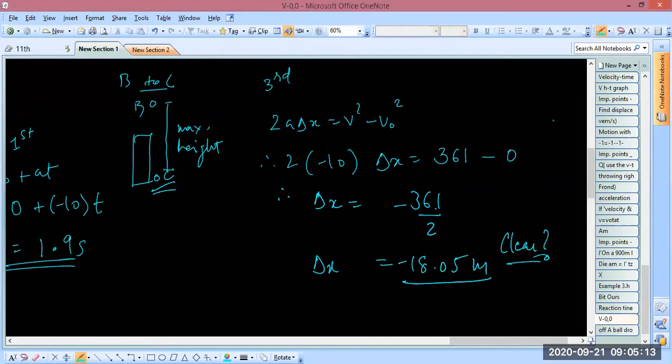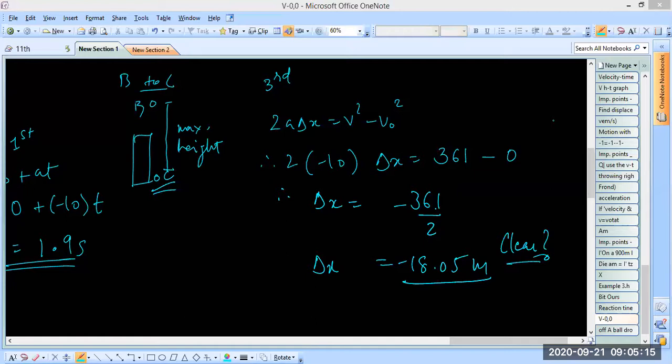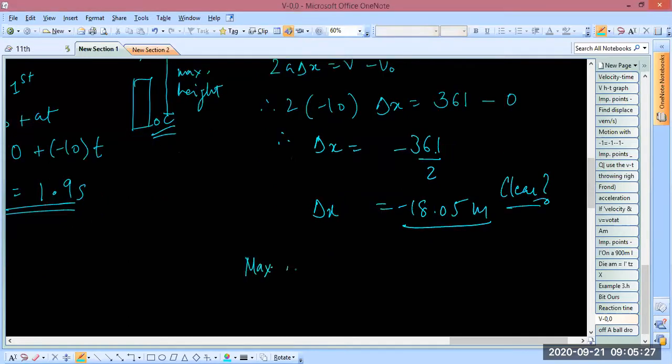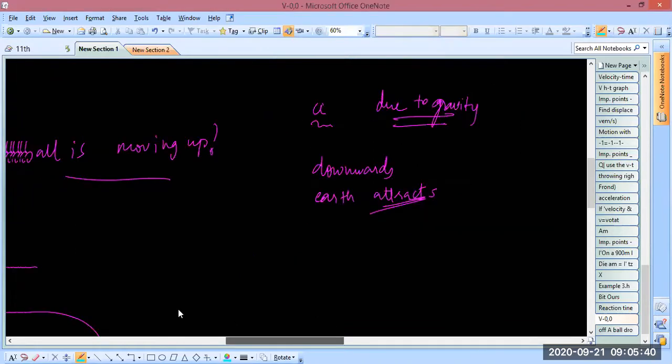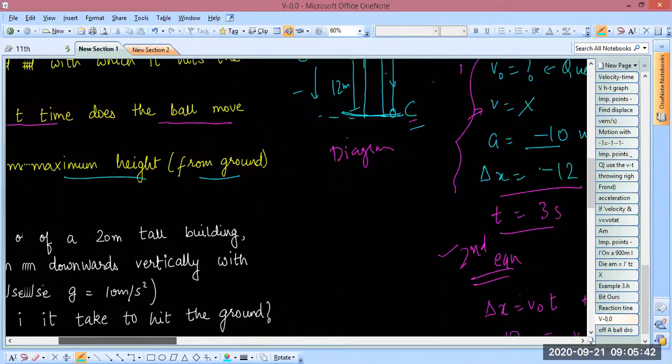Hello, everyone, are you all there? Is it clear? Okay, fine. So what will be the maximum height of the ball? Final answer is, maximum height of the ball is 18.05 meter. Now I hope you all would become masters of such questions.